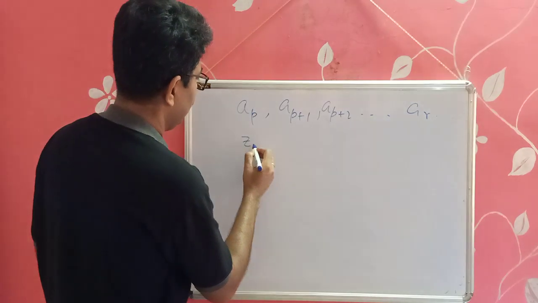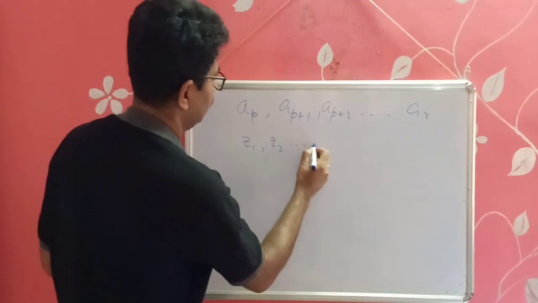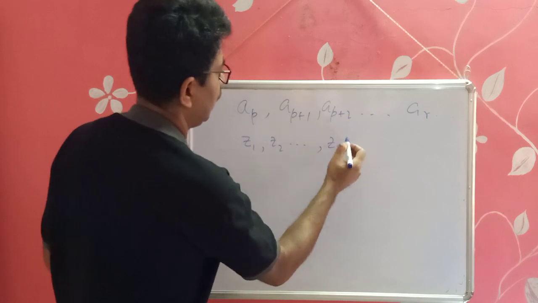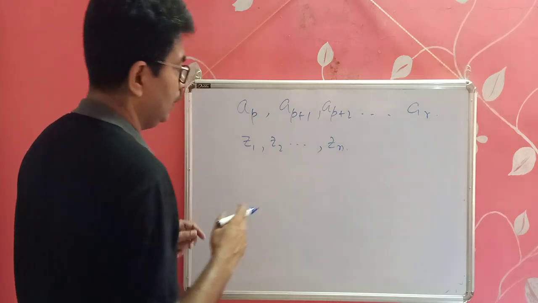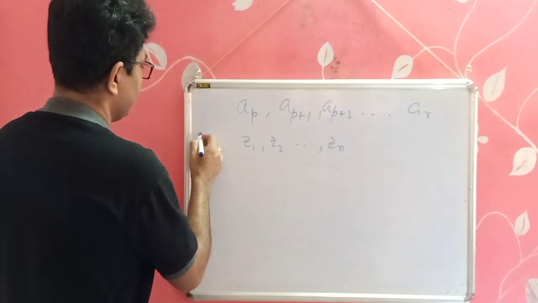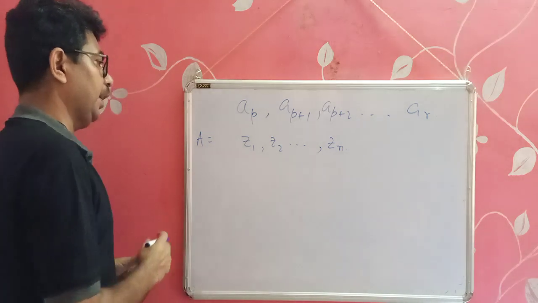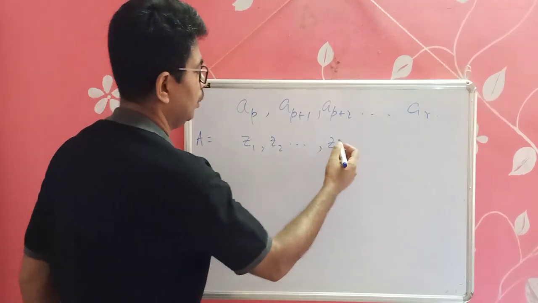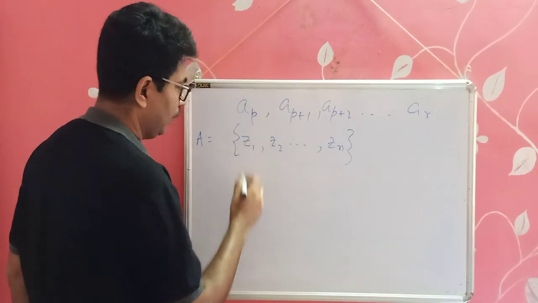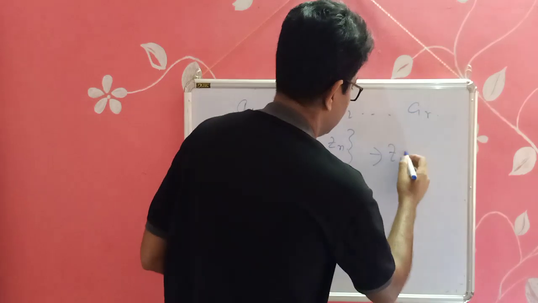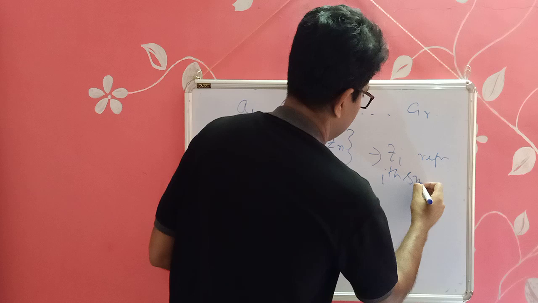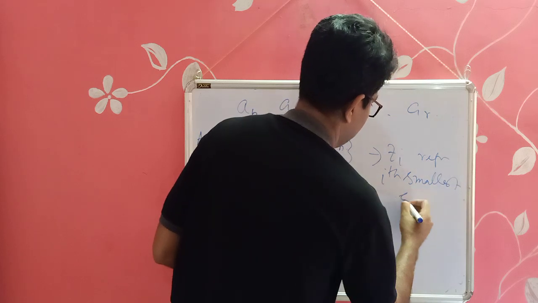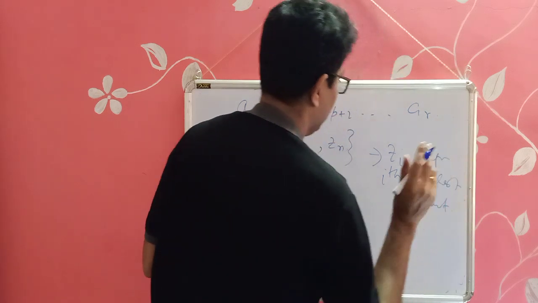We are defining another set, the input array, as Z1, Z2, ..., Zn, where Zi represents the ith smallest element. Now think about that.